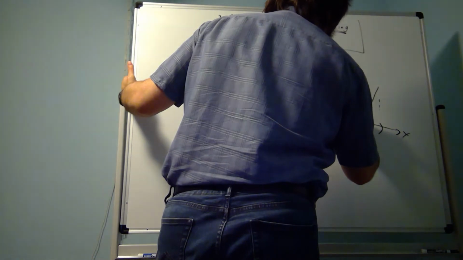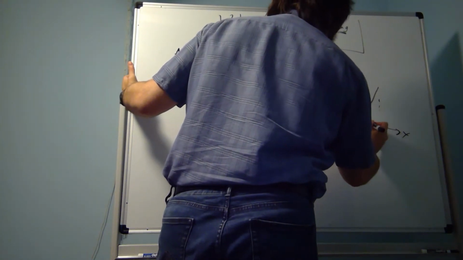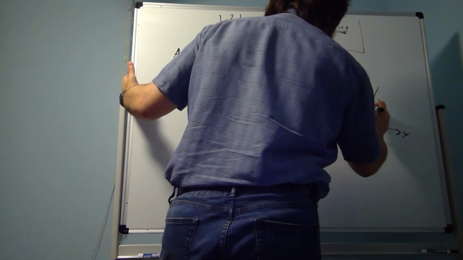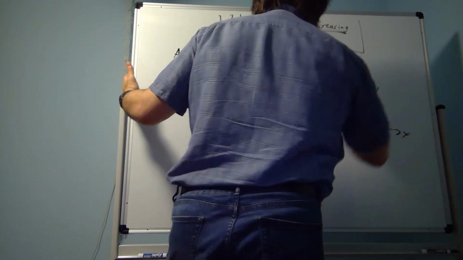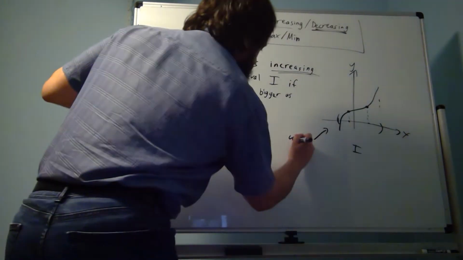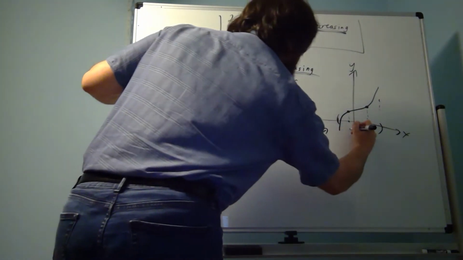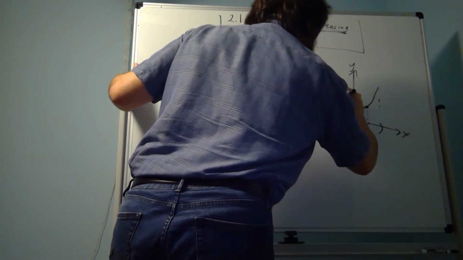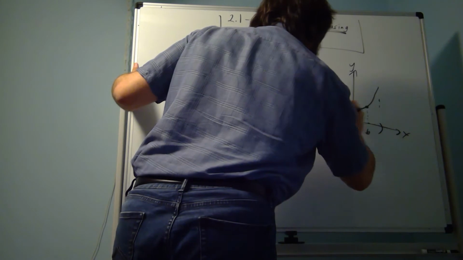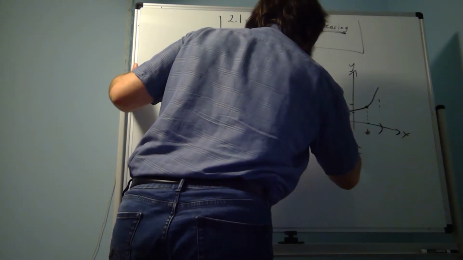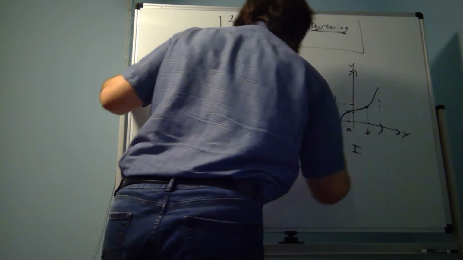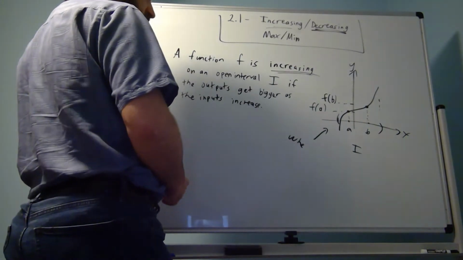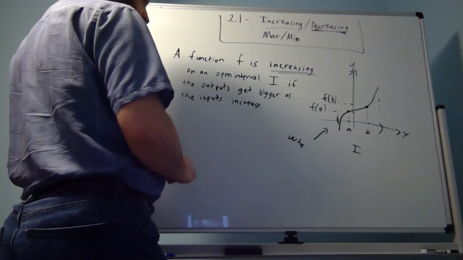And there's a mathematical way to say it. Here's A, here's B, here's f of B, so the inputs are A and B, and then the outputs are f of A and f of B.